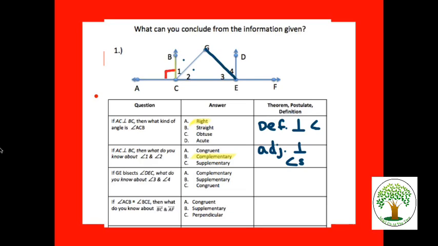It cuts them in half. No, I meant congruent, sorry. Congruent. And what would the reason be? Definition of bisect. Congruent linear pair theorem? These are not linear pairs. Yes, it would be the definition of bisect.